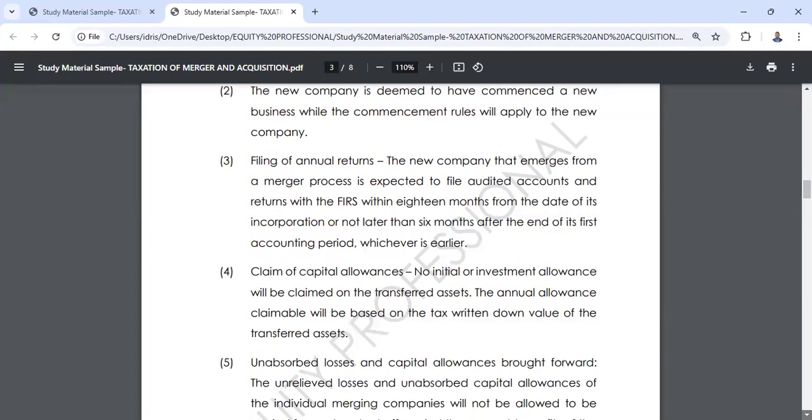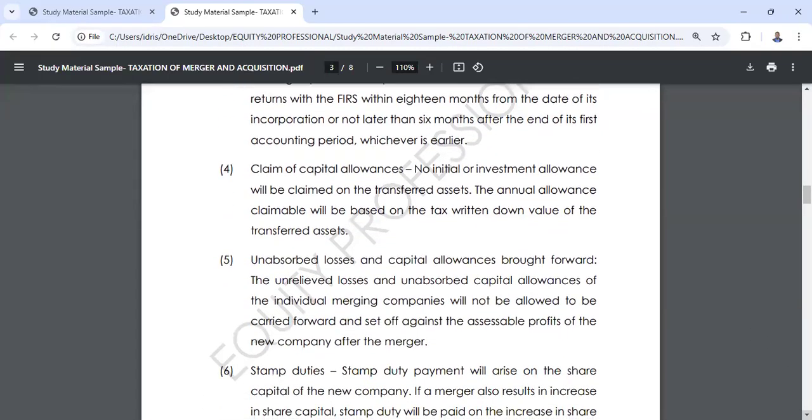Now, another tax implication: unabsorbed losses and capital allowance brought forward. The unabsorbed losses and capital allowance of the old company, that company that will cease operation.